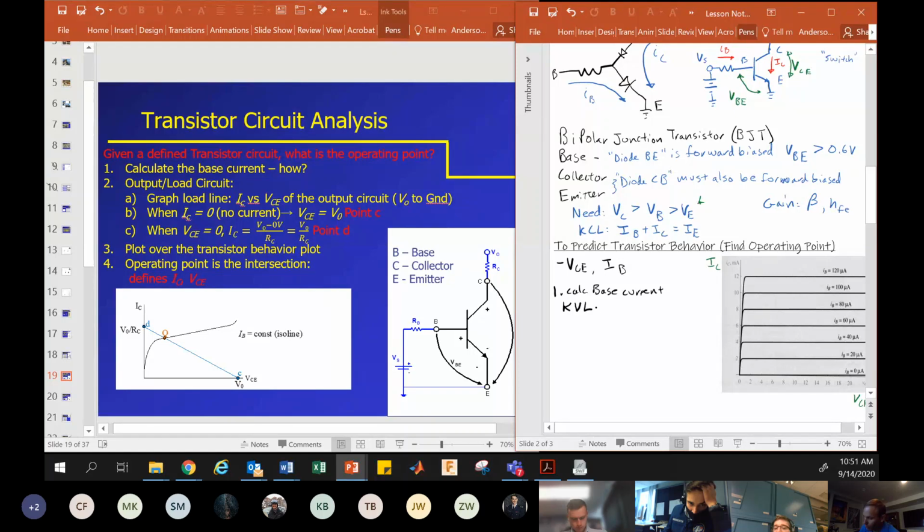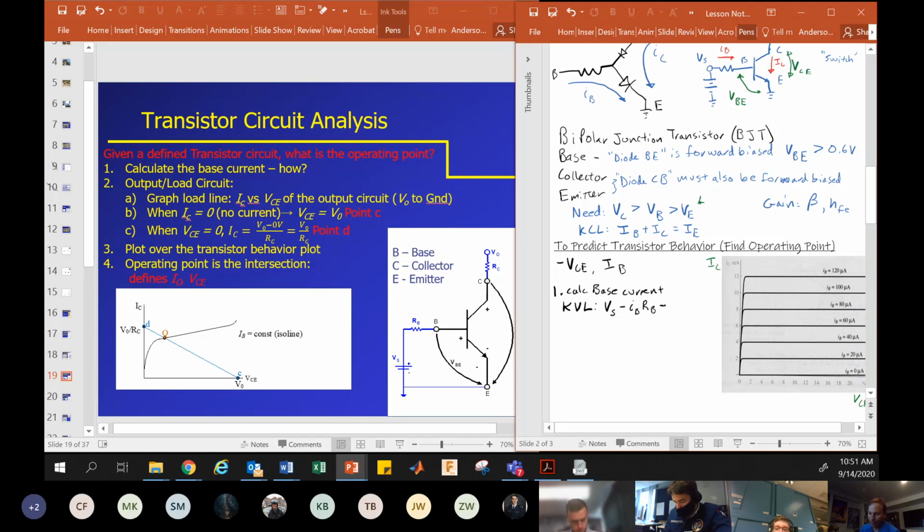So we're going to do KVL for the base. We start with VS. Then we go minus the voltage drop through that resistor. So what's that voltage drop going to be? You can look over here too. It's IRB, so IBRB. Good, very good.